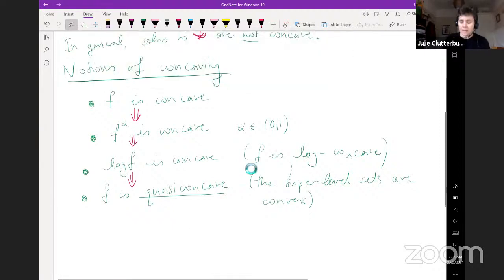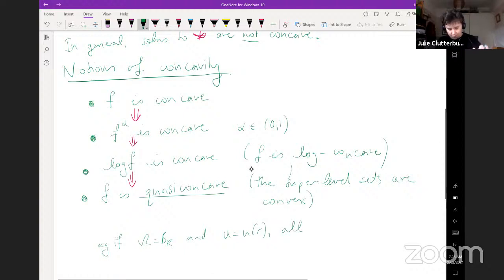For example, if we have any radially symmetric domain and a radially symmetric solution, then all the level sets are going to be balls or spheres.